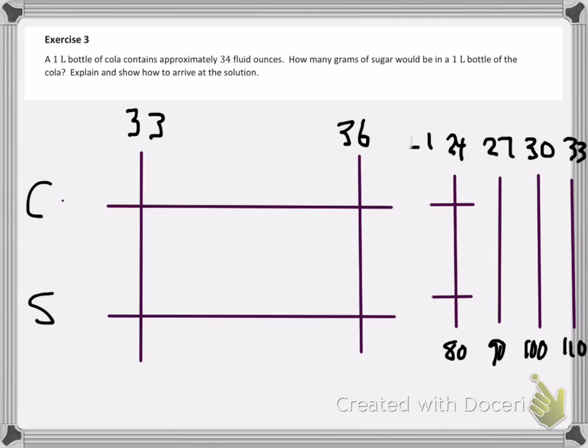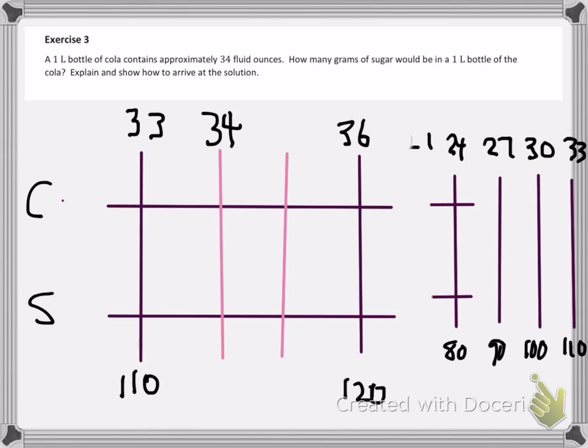And then down here we were at 110, and this would be 120. So it's somewhere in between 110 and 120. So if I added some more lines here, this would be 34, and this would be 35. And so where we want to be is right here, 34.